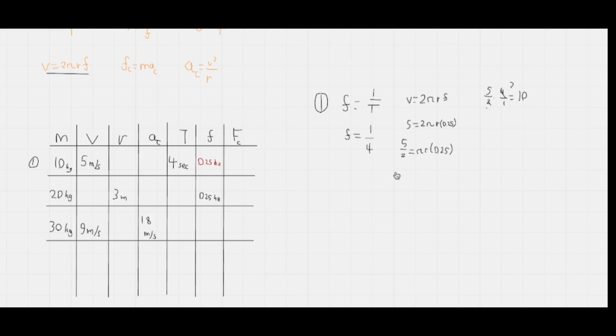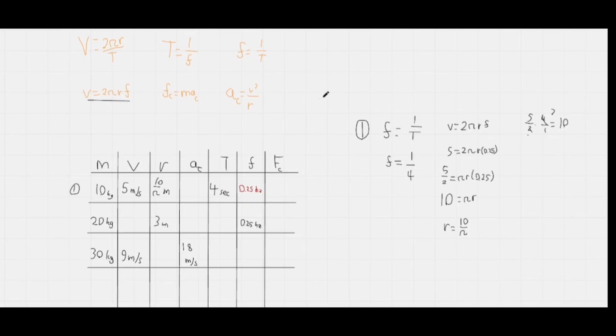So now we get 10 equals pi r, divide pi on to the other side, and so r equals 10 over pi. So now that we've got our radius as well, we can just put that in here, 10 over pi meters.